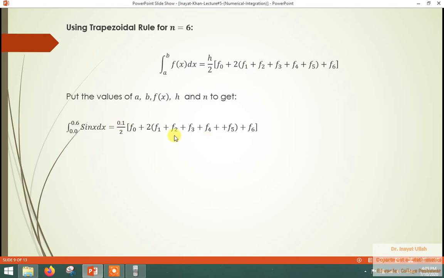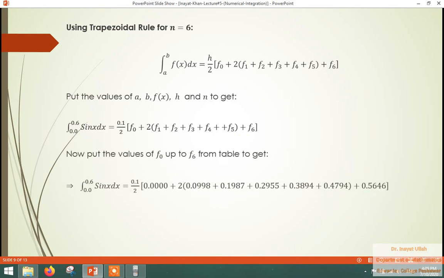And lastly, we need to put the values of these fi's from the table. Replace f0, f1, f2, f3, f4, f5, and then f6 in this formula to get the value of this integral. We see that f0 is replaced by its own value, f1 is replaced, f2 is replaced, f3 is replaced, f4 is replaced, f5 is replaced, f6 is replaced.